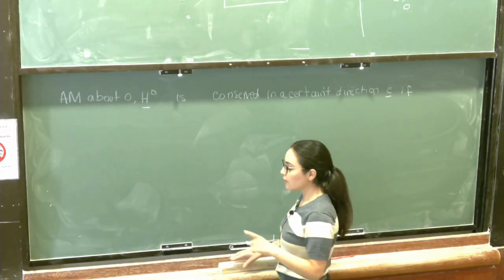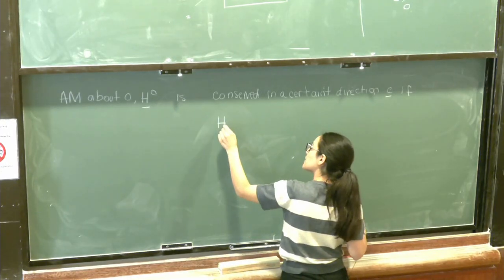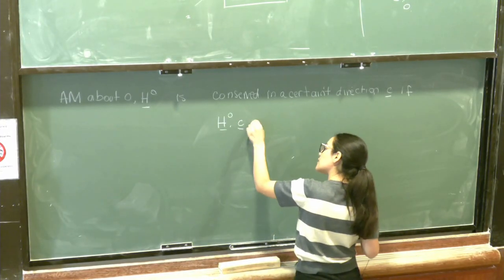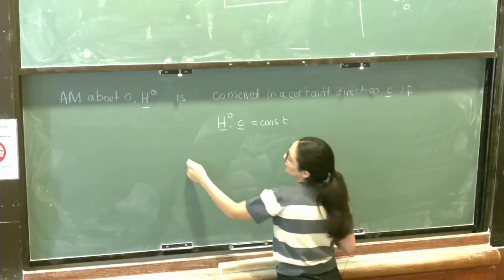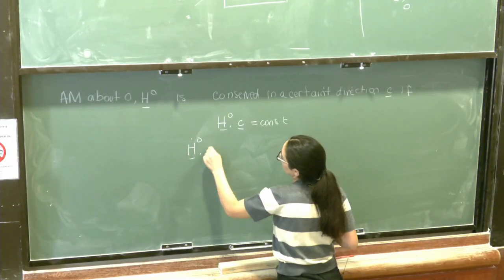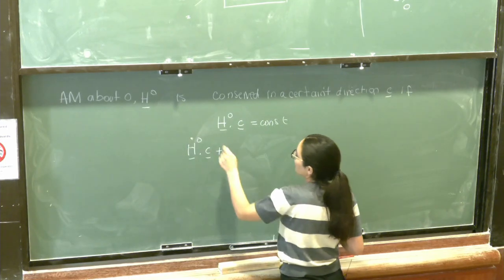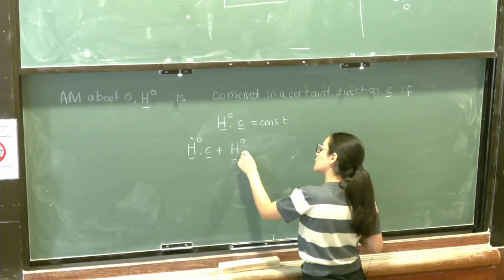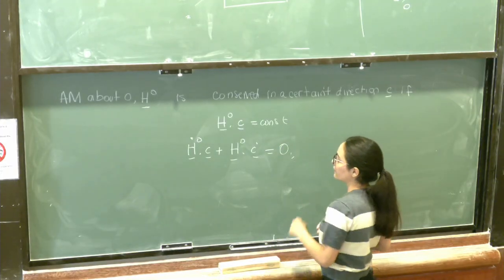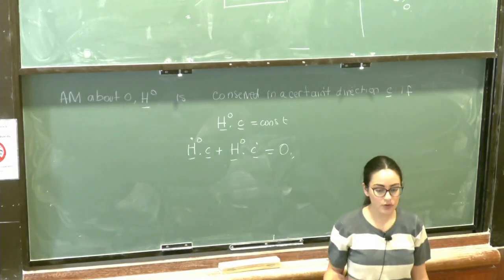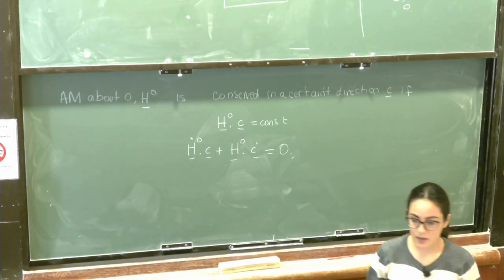Angular momentum is conserved along C. This means that HO dot C is constant. So the derivative of this is 0. So H dot O dot C plus HO dot C dot is equal to 0. If this is the case, then HO is conserved along a certain direction C.